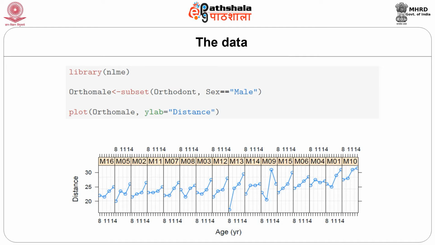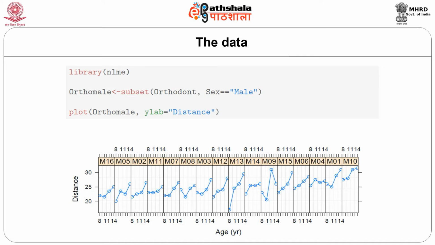What it does is it selects all the data for which sex is male, and we have stored it in another object called OrthoMale. Now, if we just plot OrthoMale with ylab equal to distance, so we specify the y label.